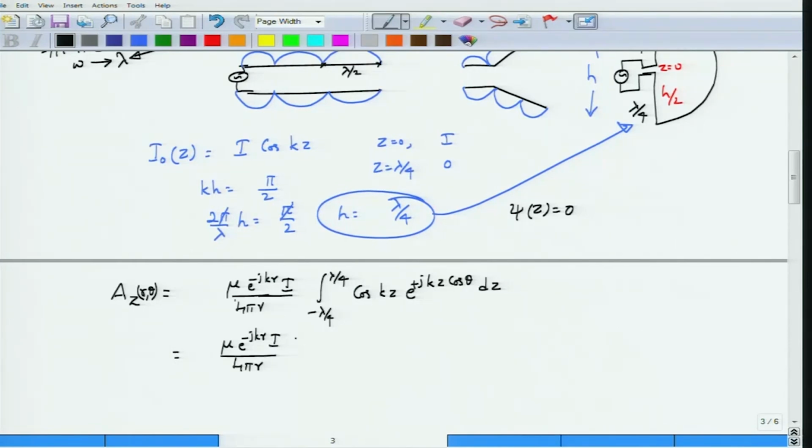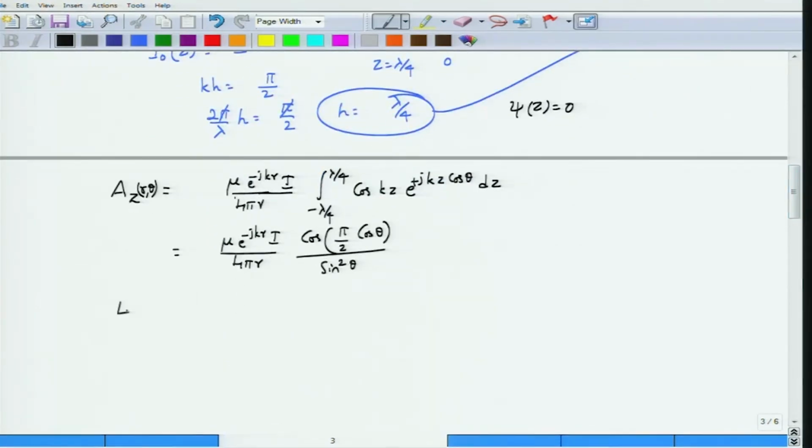So, what is the vector potential that I am going to get? This would be cos of pi by 2 cos theta divided by sin square theta. Now, let us not evaluate the electric fields and magnetic fields completely, but I will just give you the expressions for the electric field.